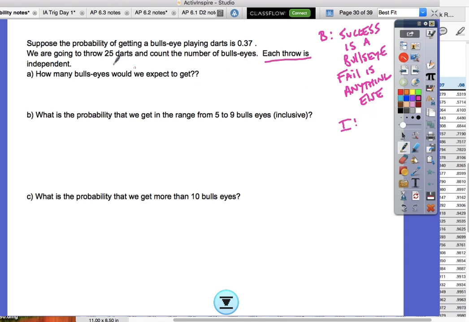It said each throw is independent. N, I have a set number of throws, which was 25. And what is my constant probability of success? The probability of getting a bullseye is 0.37.